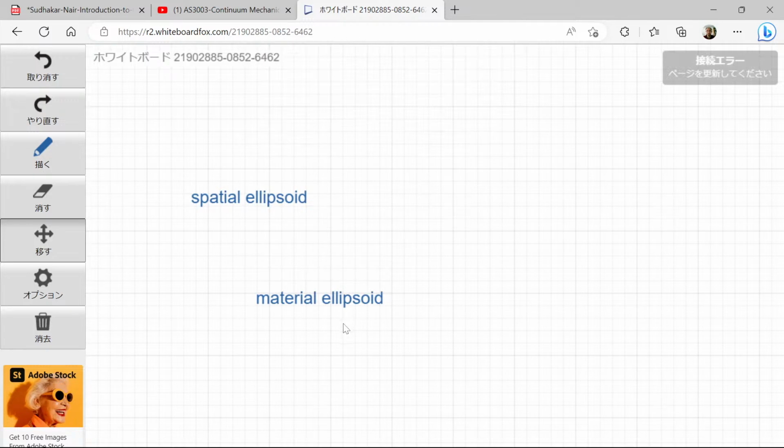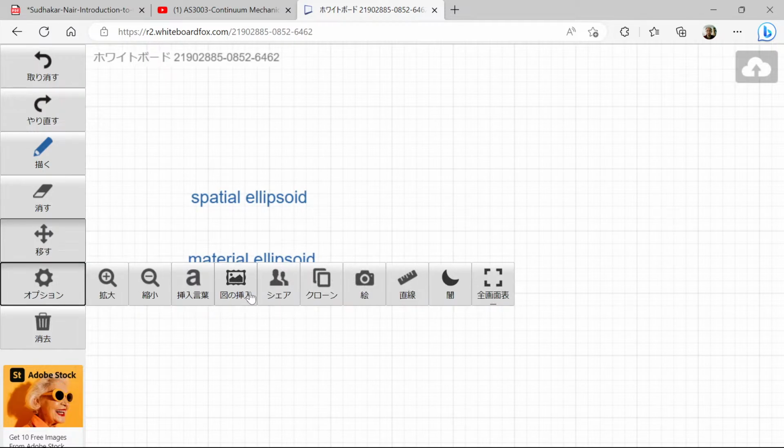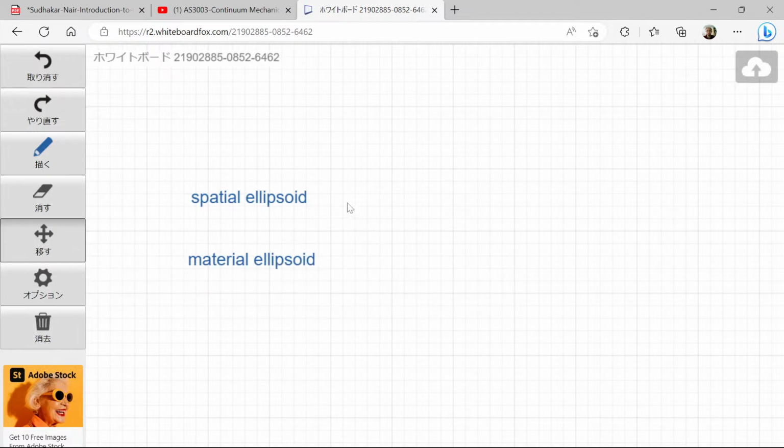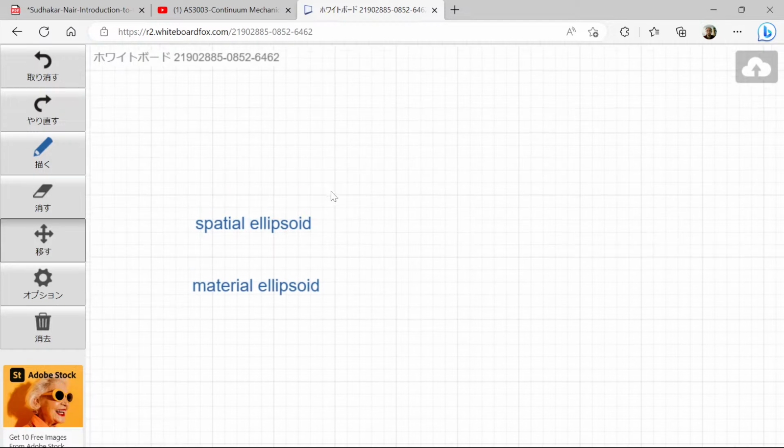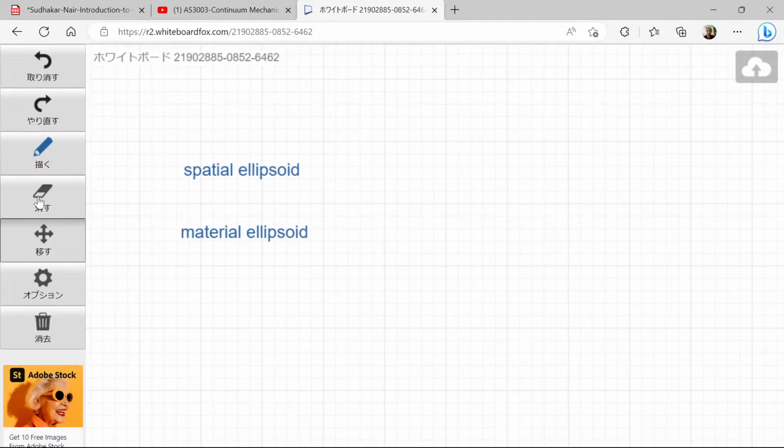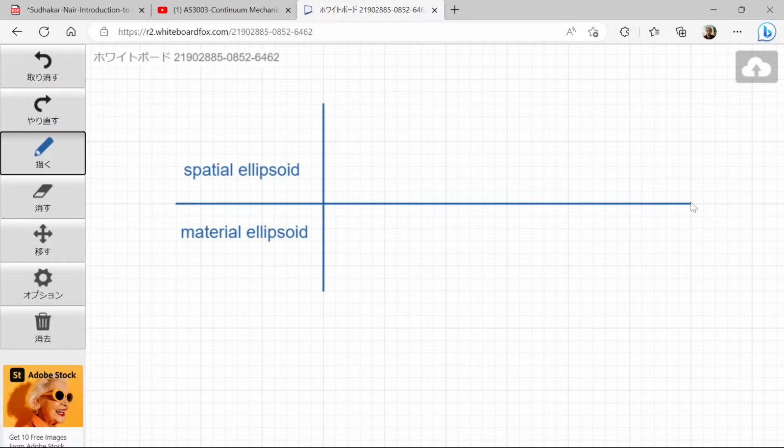Strange. Spatial ellipsoid and material ellipsoid, right? So then you have, see, I write this way, and this way, right?